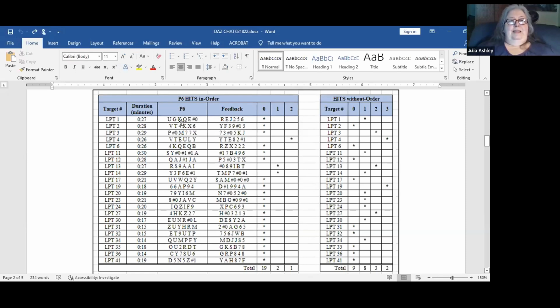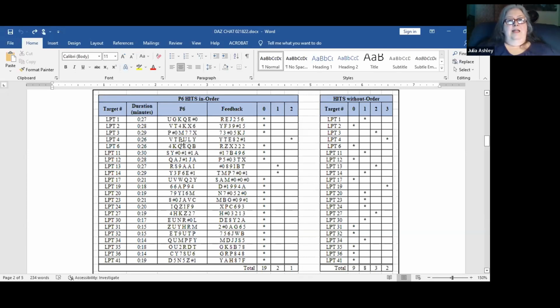So the P6 is my dowsing tool, phase 6, and I wrote down the UGKQE number 0 that I got from dowsing those worksheets. You can see that I had a 0 success there. None of these letters occur there. Now, the difference between the left chart and the right chart is that the left chart is only when I had a character in the correct order, like this license plate 4.